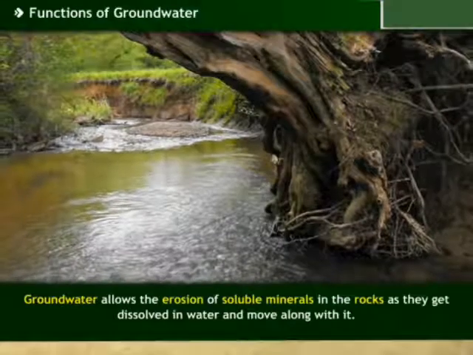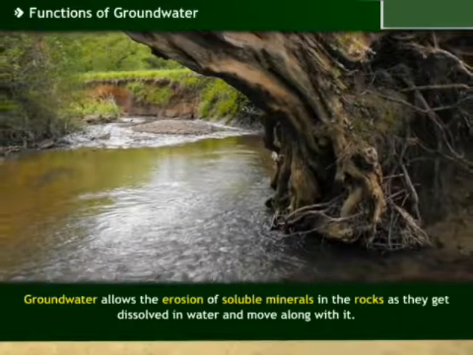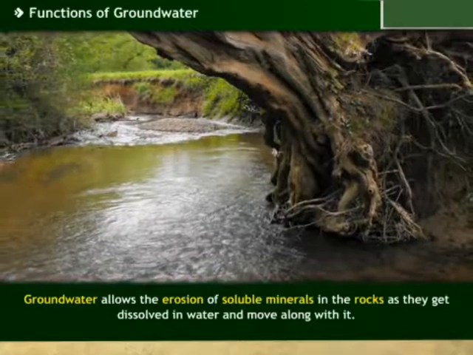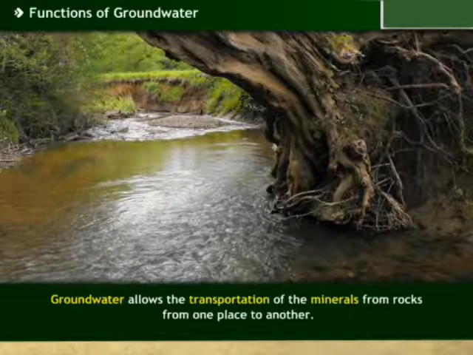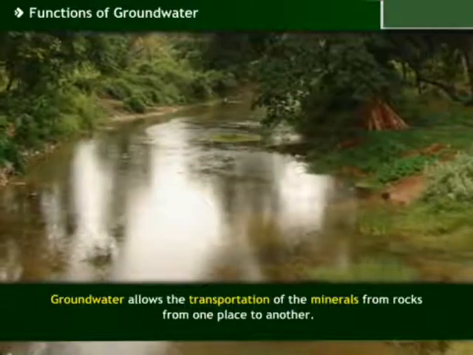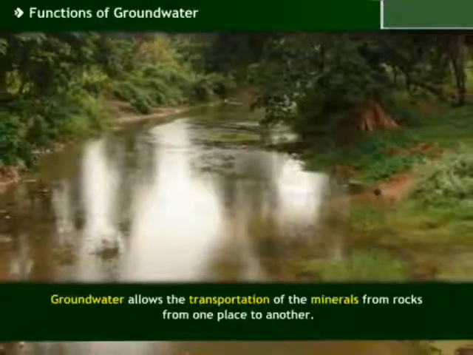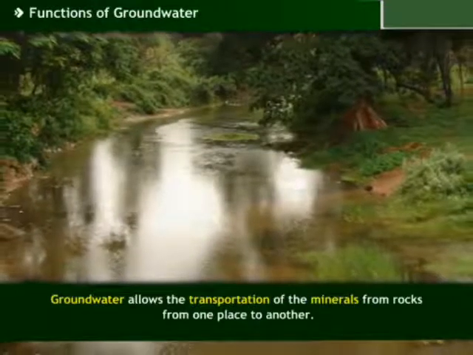Groundwater allows the erosion of soluble minerals in the rocks as they get dissolved in water and move along with it. The minerals from the rocks are transported from one place to another by groundwater.